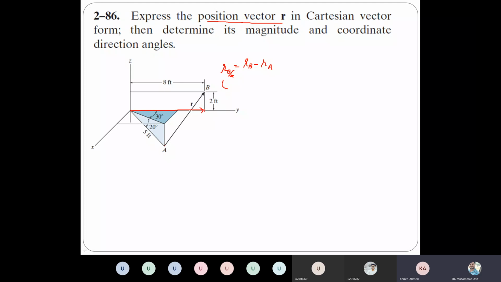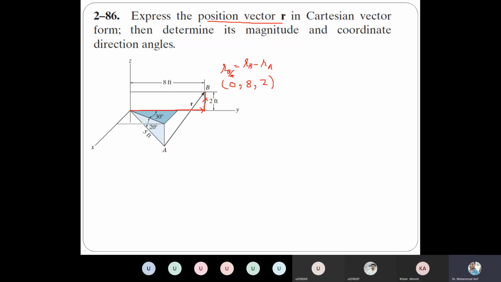And then we have to move in the z direction to reach point B. So we move 8j plus 2k. There is no x direction, so the coordinates of point B are 0, 8, 2. So that's the position of point B.